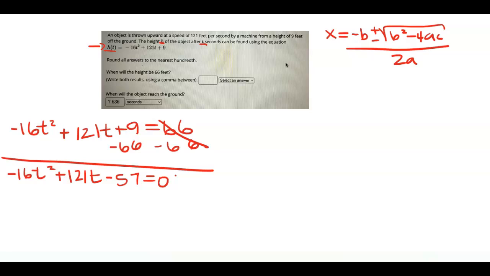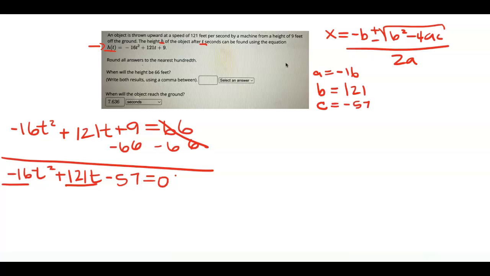Can't help but think of the Pop Goes the Weasel song. This can be sung to that. So let's go ahead and label: a will equal the number in front of t squared, which is negative 16. b equals the number in front of t, or positive 121. And c is that last negative 57.